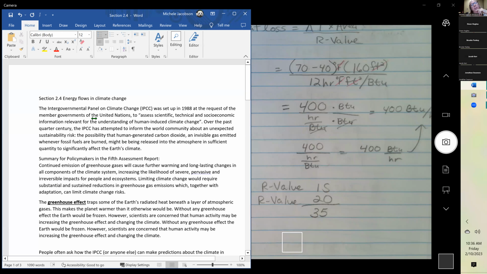It's a panel that was set up in 1988 to help inform people of how the climate is changing, basically. Over the past quarter century, they've attempted to inform the world community about unexpected sustainability risks, carbon dioxide, recycling.